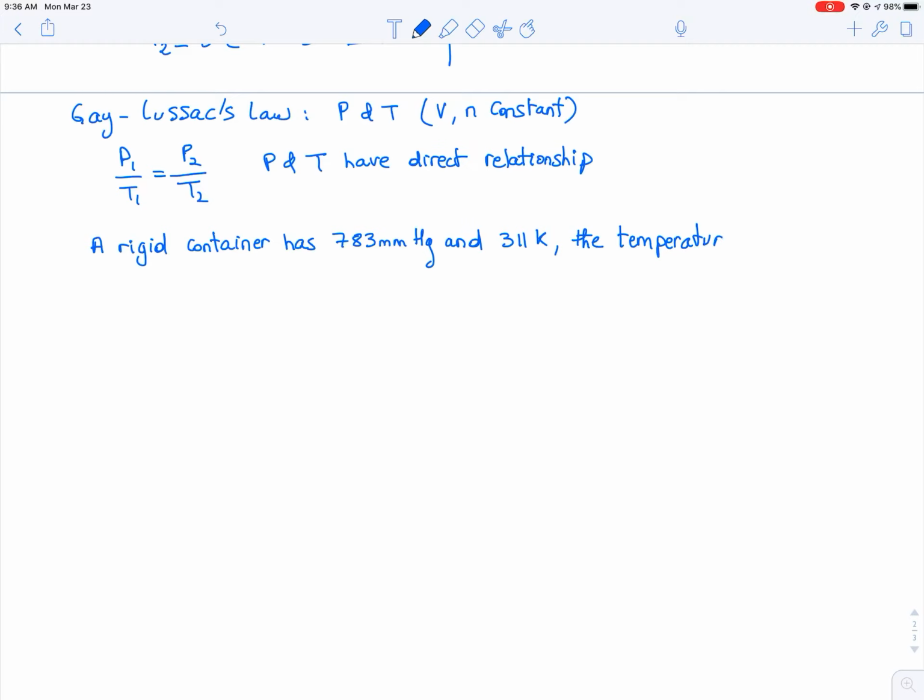The temperature is brought down. Consequently, the pressure goes down.